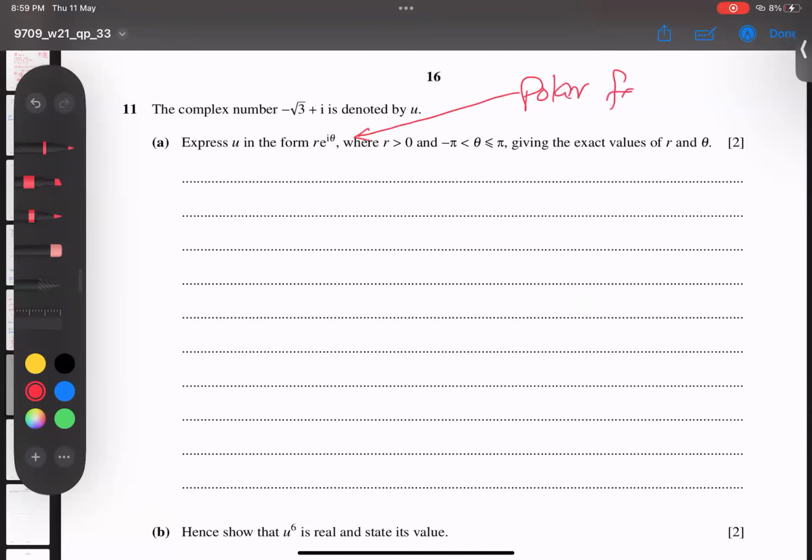So polar form we have to convert, or it is called exponential form also. Actually this is called exponential; when e is involved, it is called exponential form.